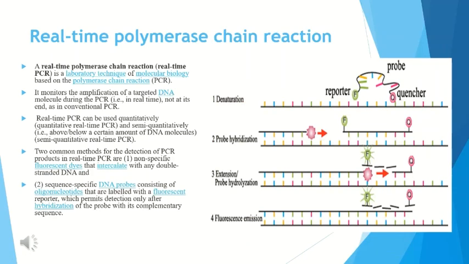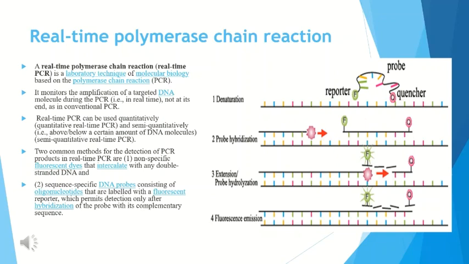We want to know about another technique: real-time polymerase chain reaction. A real-time polymerase chain reaction is a laboratory technique of molecular biology based on the PCR, polymerase chain reaction.